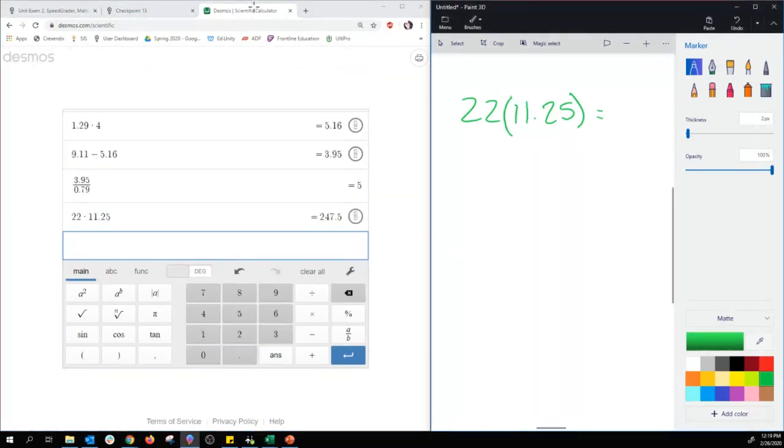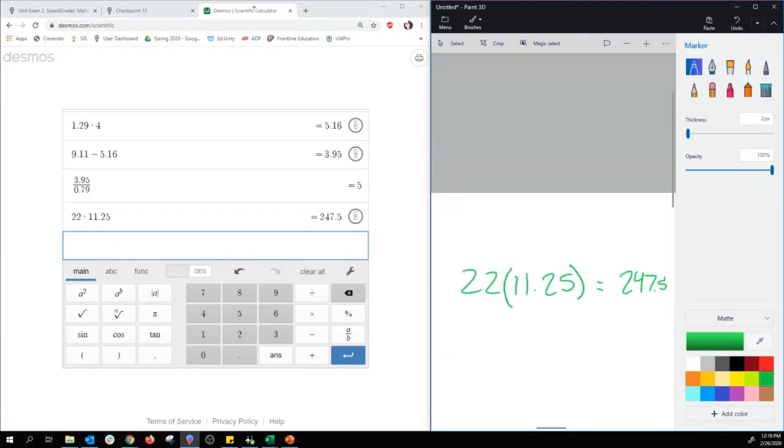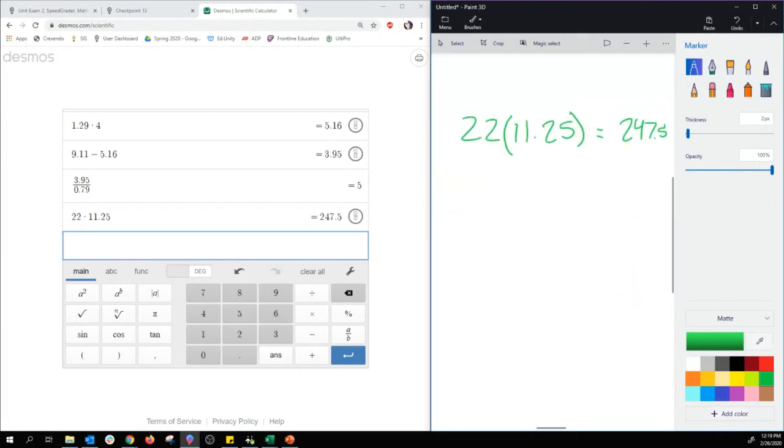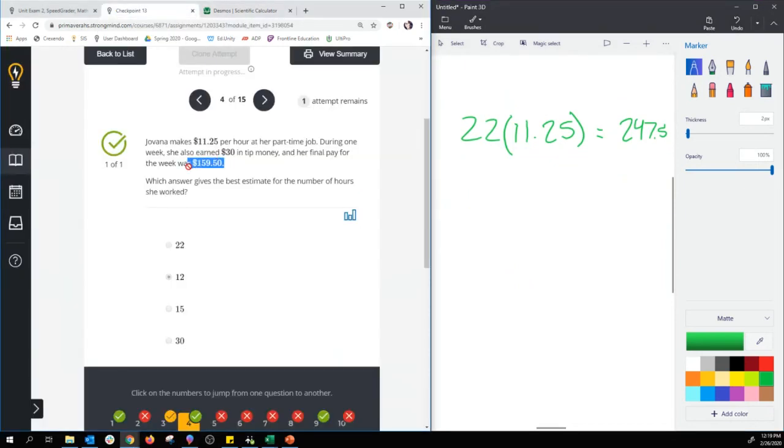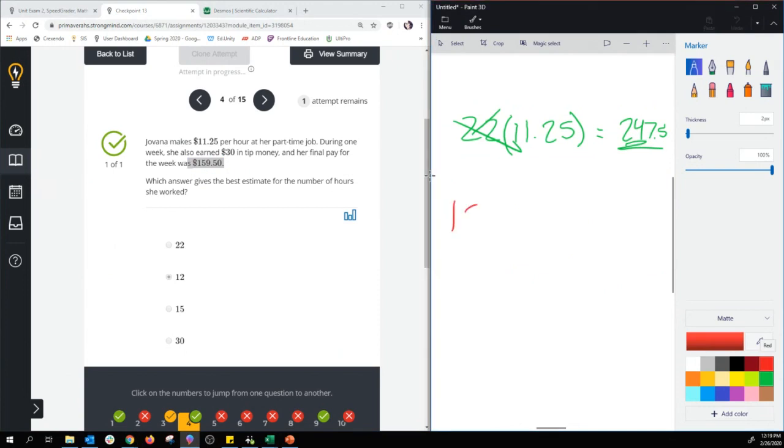This would tell me that she would make $247.50. And if we look at the answer for how much she earned, $159.50, this is way too much money, right? So it can't be 22. So let's check the next one, which is 12.